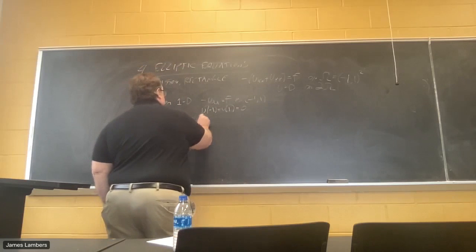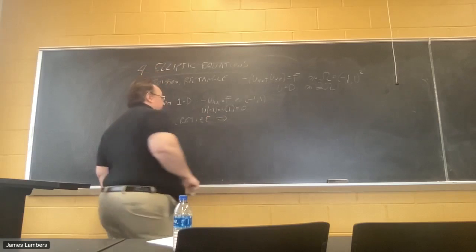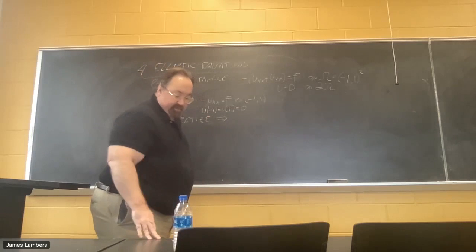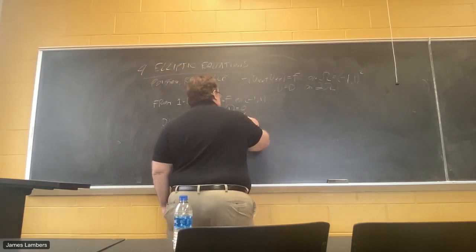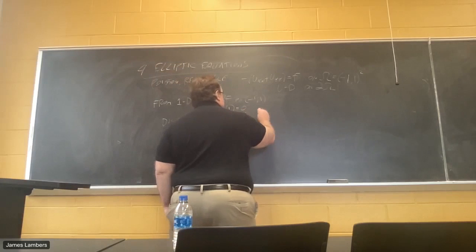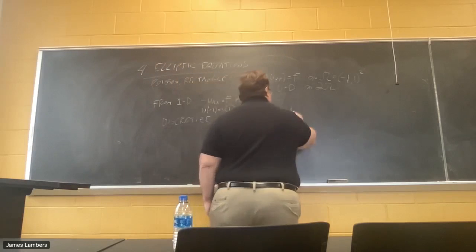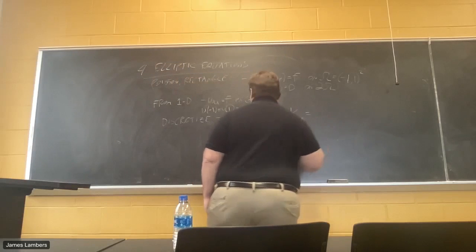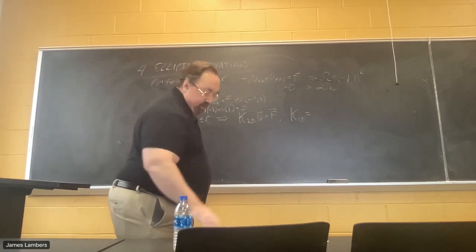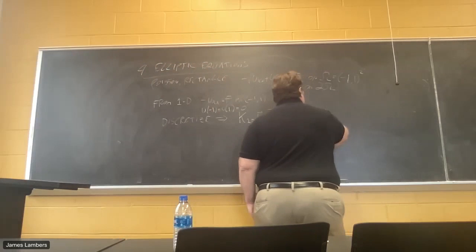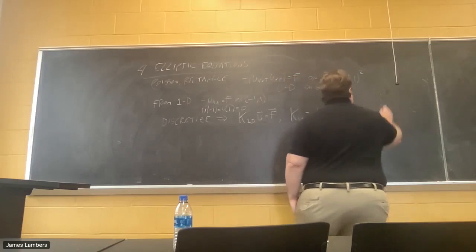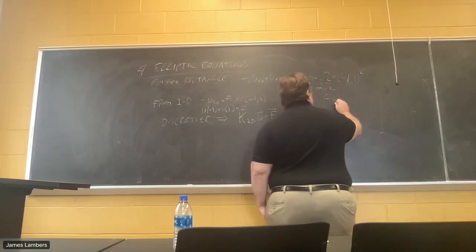You discretize this PDE, and you get a system with a matrix K1D times U equal to F, and we know what K1D is from this case because we've seen it before. So we have the tridiagonal matrix.